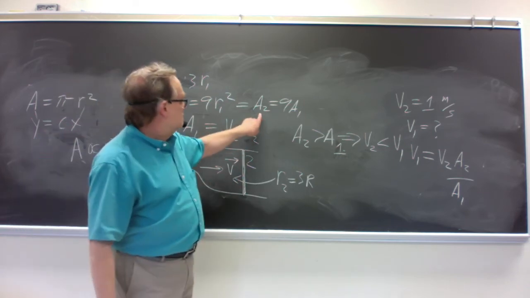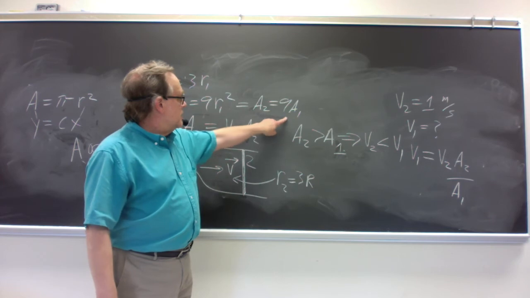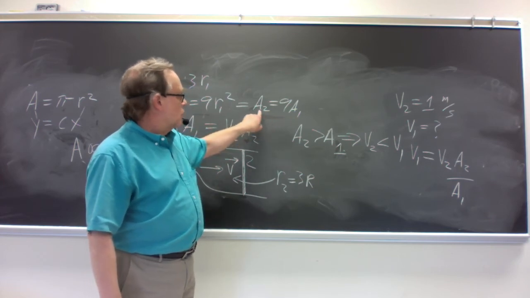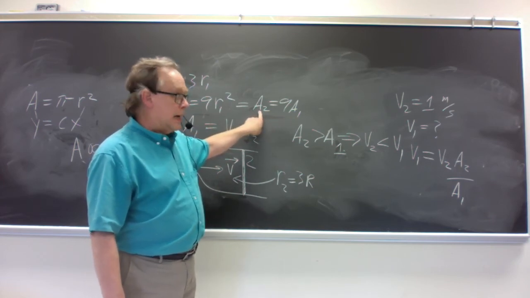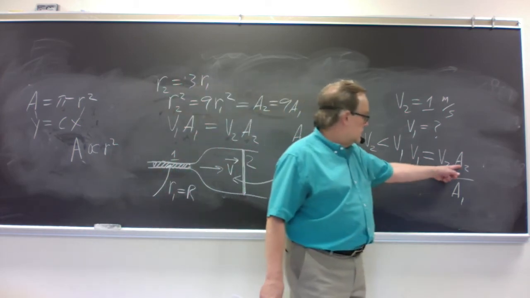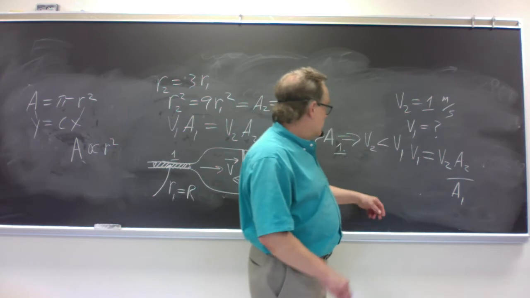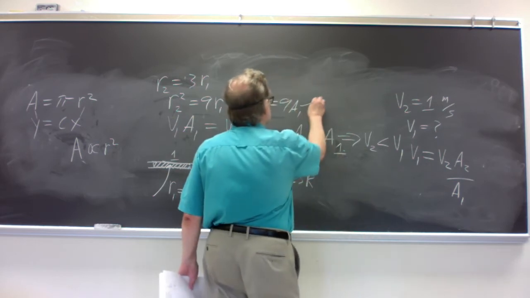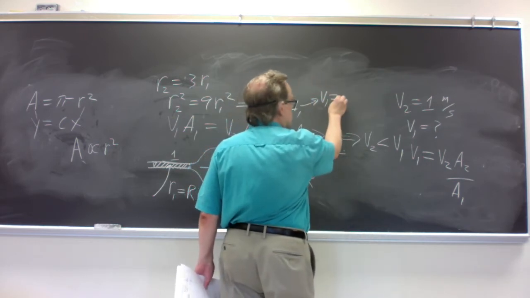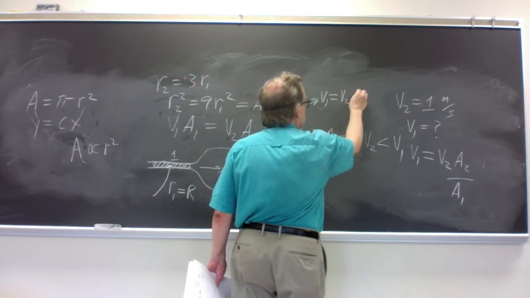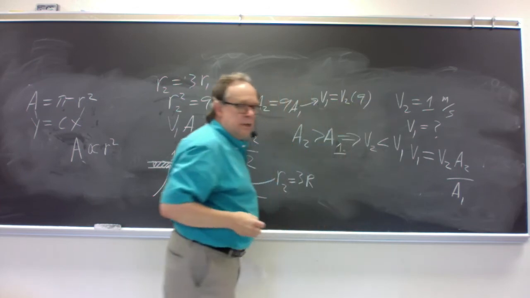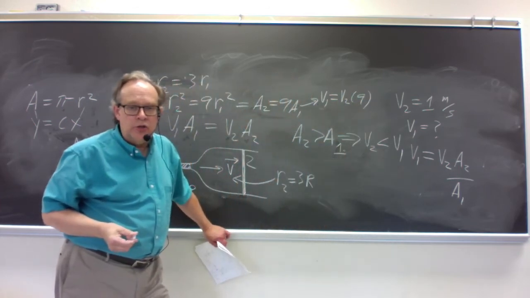So A2 is 9 times bigger than A1, or A2 over A1 is 9. This ratio here is just 9. So V1 is just equal to V2 times the ratio of A2 to A1.